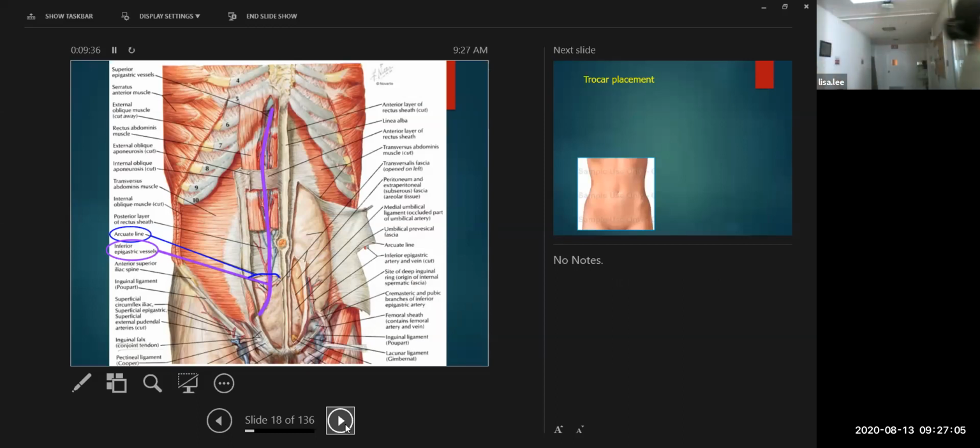Just as a reminder about the inferior epigastrics, the course of them, they tend to start more laterally and then they move more medially above the arcuate line. Okay. So this is why when we're putting in the robot trocars, which some of you people did, when I first was thinking about it, it made me a little nervous, right?